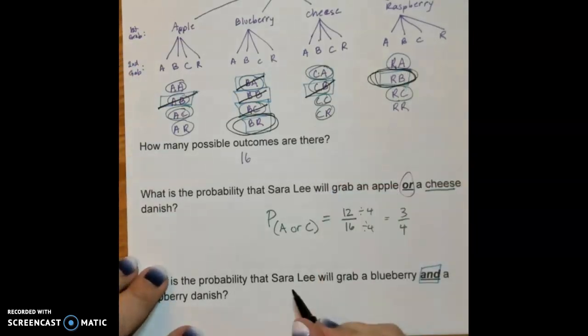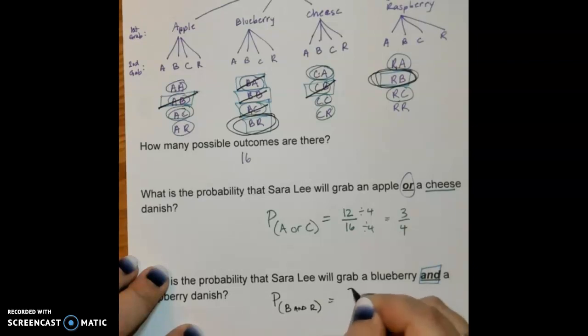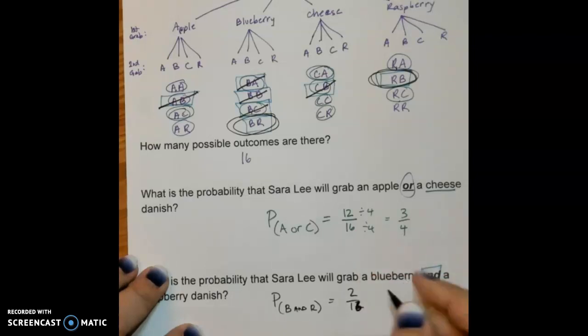So there are two options that have both a blueberry and a raspberry out of the 16 possible outcomes altogether, which if I divide both of these by 2, I will get 1/8.